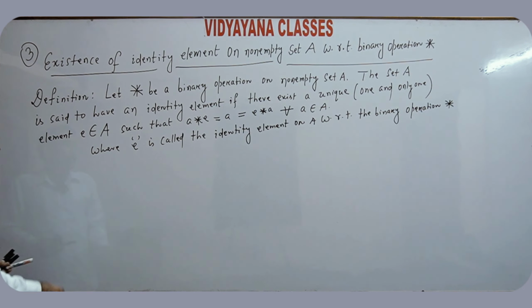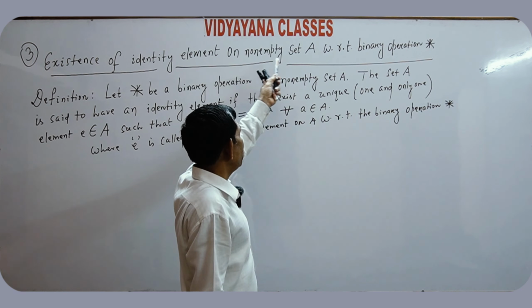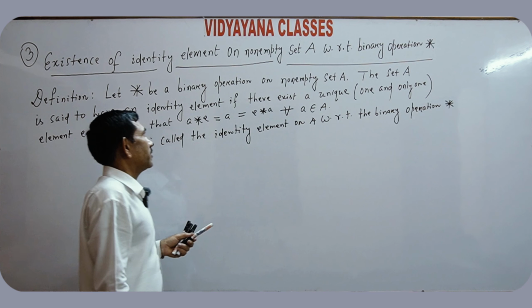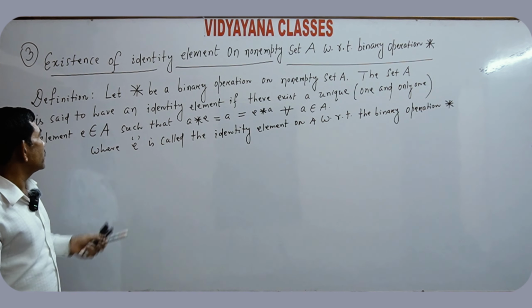Existence of identity element in A, where A is a non-empty set. What is the definition?